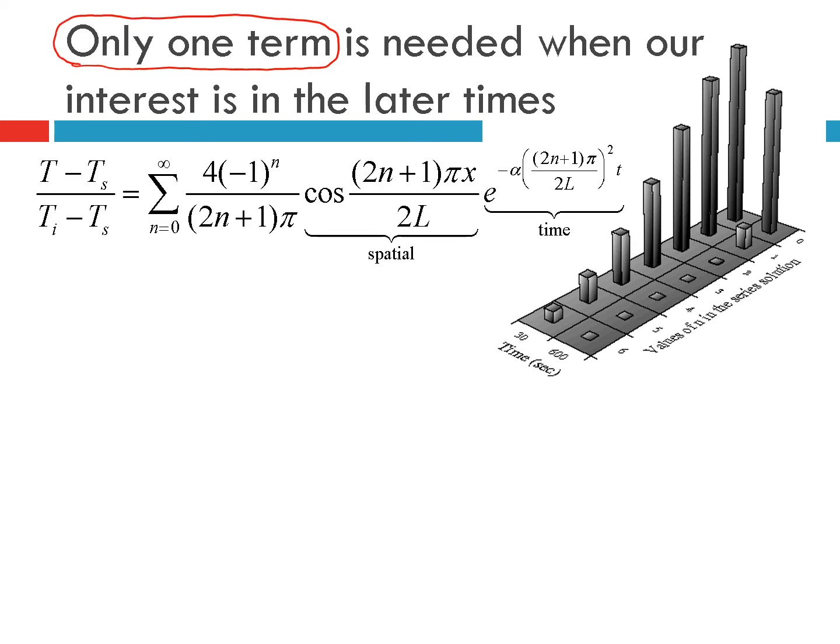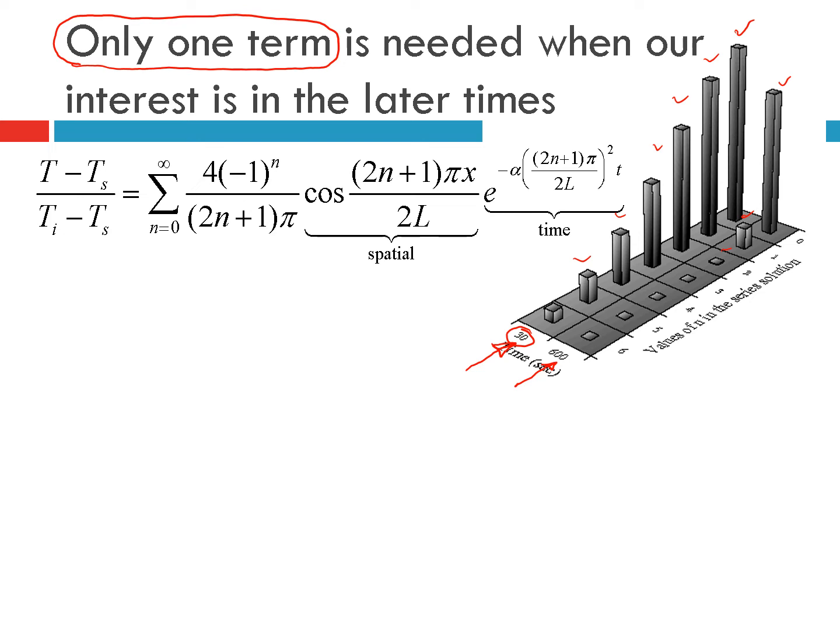So let's get the solution, and I'm going to do something very simple. I will plug in a value of time t equal to 30 and plot each term of this series. And then I will plug in time t equal to 600 and again plot each term of the series.